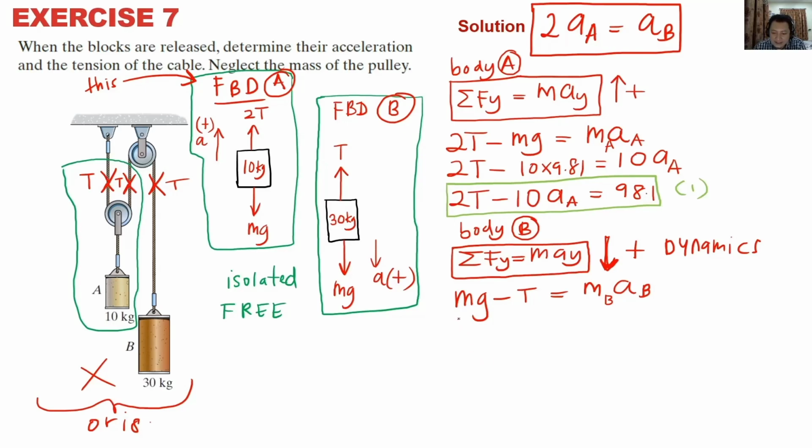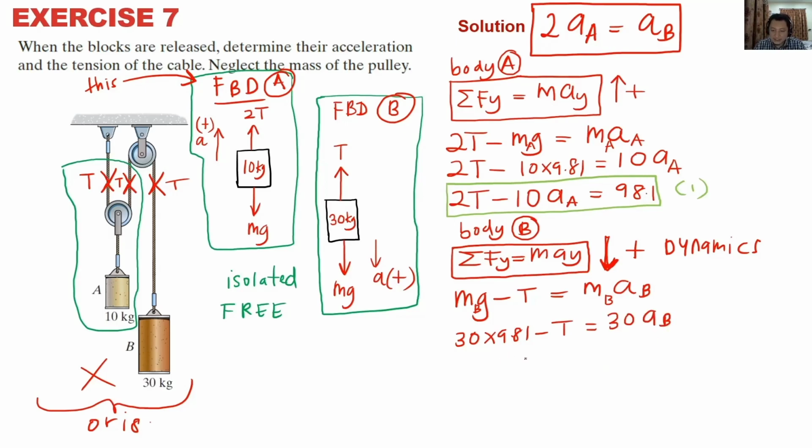So let's plug it in. Ini pun MB. Ini pun MA lah. Make sure you are doing it correctly. So MB is actually 30 times 9.81 tolak T sama dengan 30 also AB.